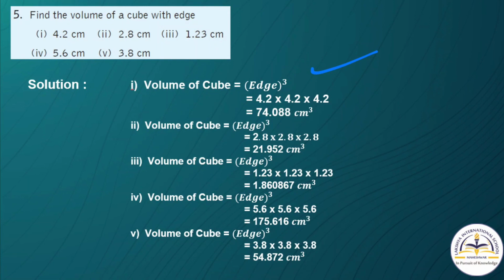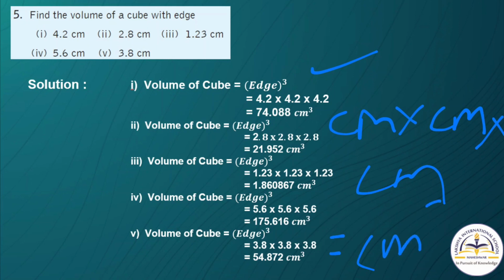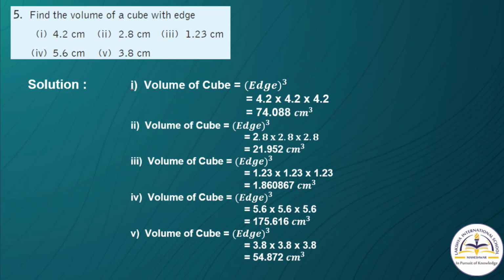Why centimeter cube? Because centimeter into centimeter into centimeter, so centimeter cube. The unit also we have to express. In the same manner, question number 2: 2.8 into 2.8 into 2.8, you will get the answer 21.952 centimeter cube, because centimeter is given in the question. Like this you have to solve these questions.